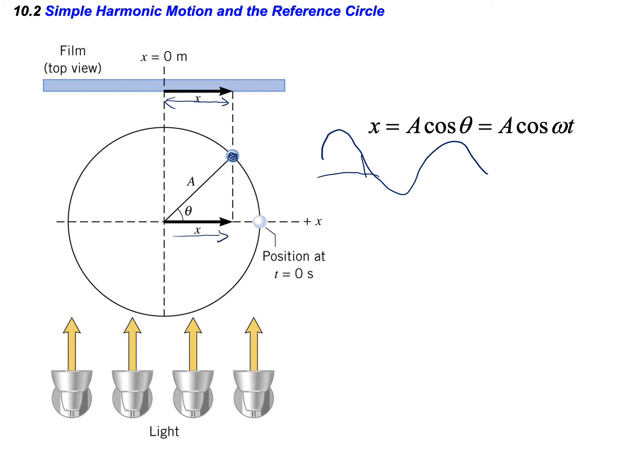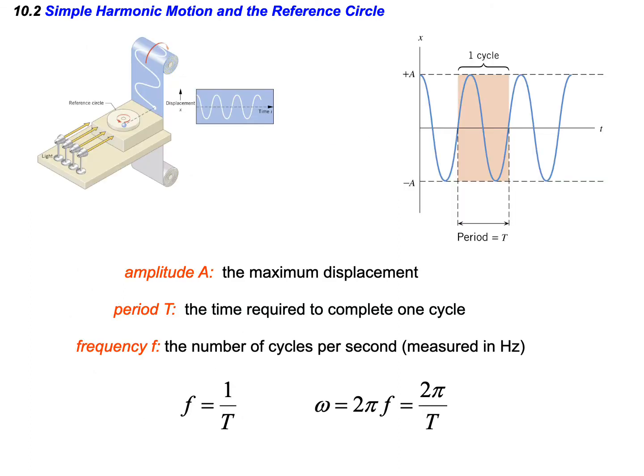If you know the angle and the radius A, it is A cosine theta. So this position, which is equal to x, is A cosine theta. A is the displacement. For a wave, the maximum height or maximum displacement we call the amplitude.